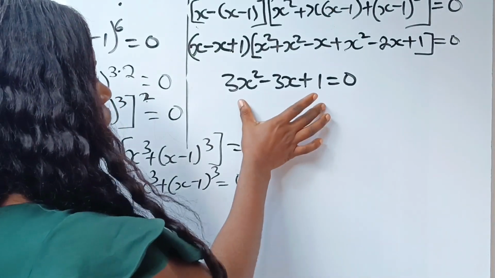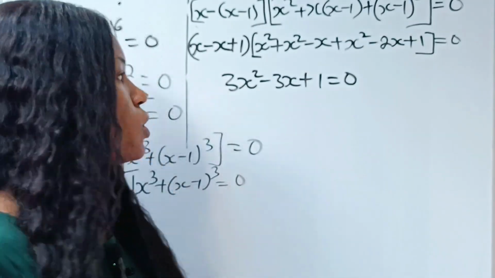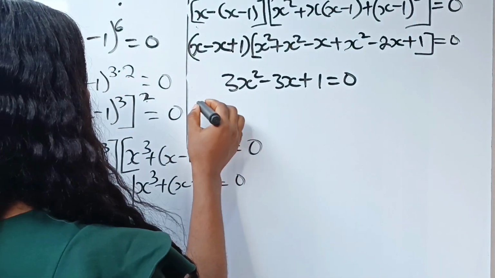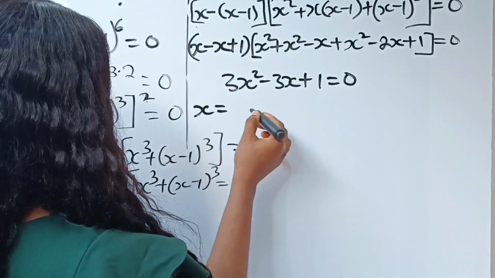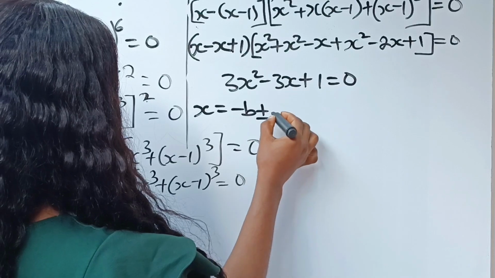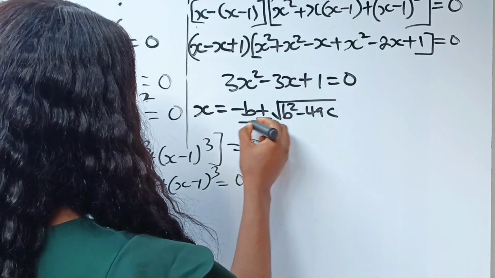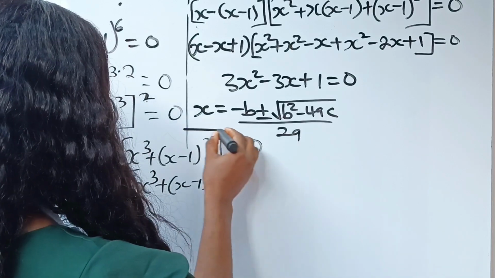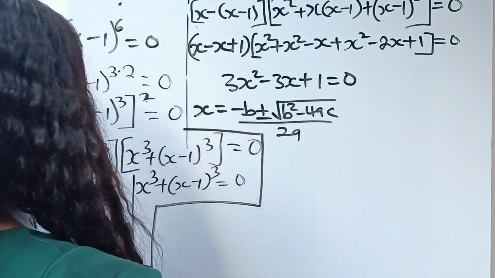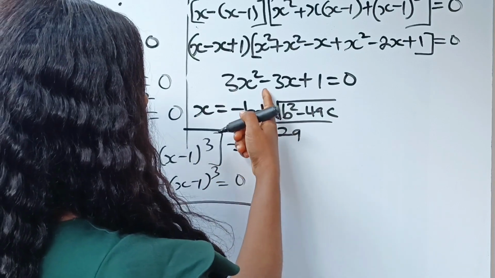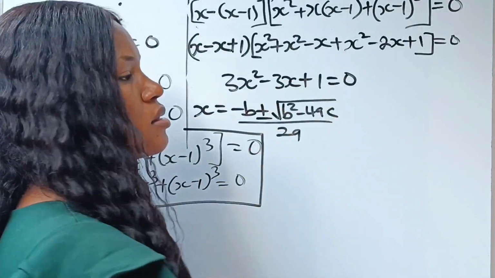Now we have what? A quadratic equation. So let's solve this using the quadratic formula, which states that x is equal to minus b plus or minus square root of b squared minus 4ac, everything divided by 2a. I don't want to clean this because we still need it. Now our a is 3, our b is minus 3, and our c is 1.